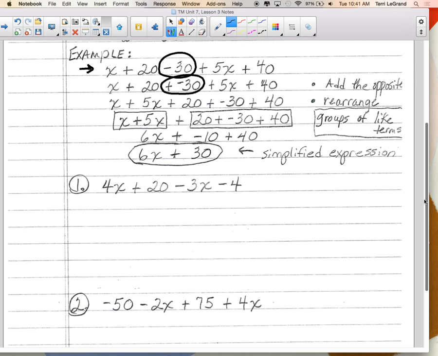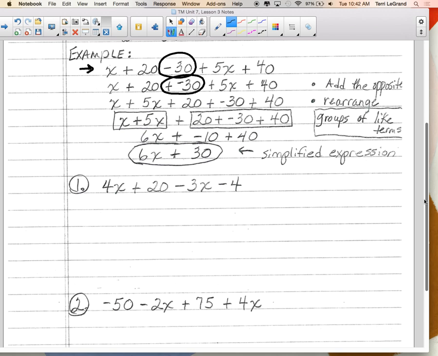Then in my next step, I rearranged. Okay, what are the like terms? The x's we can say are alike, and then what? Anybody know what you call those numbers that don't have x's in them? They're called constants.